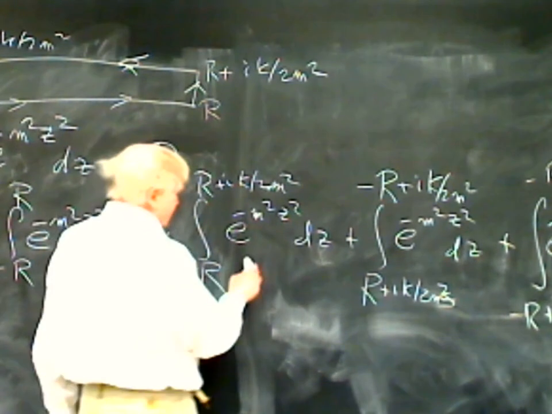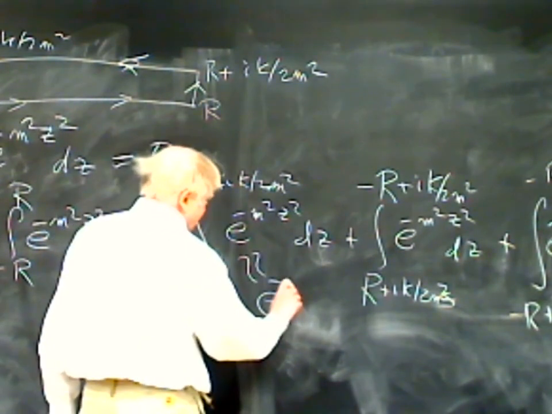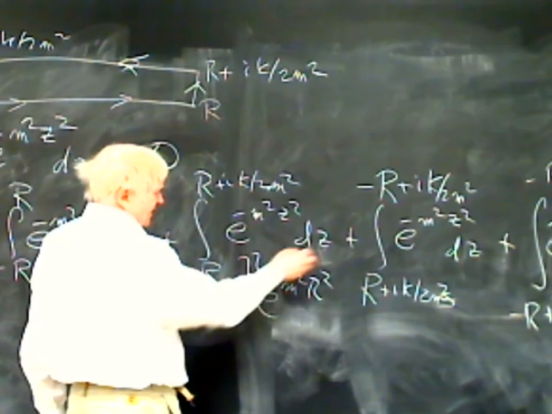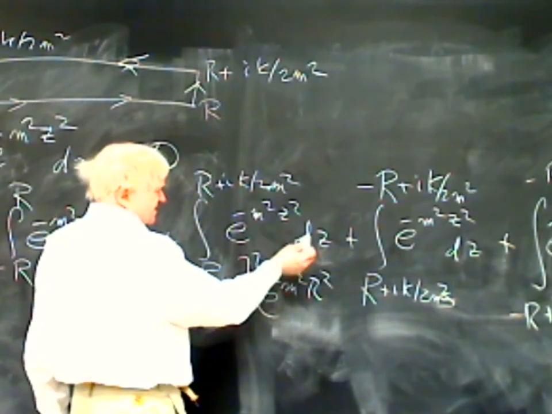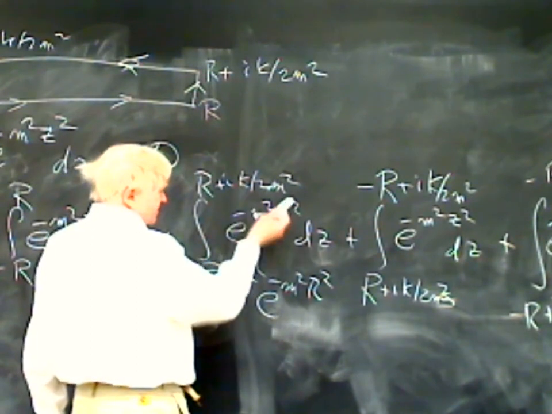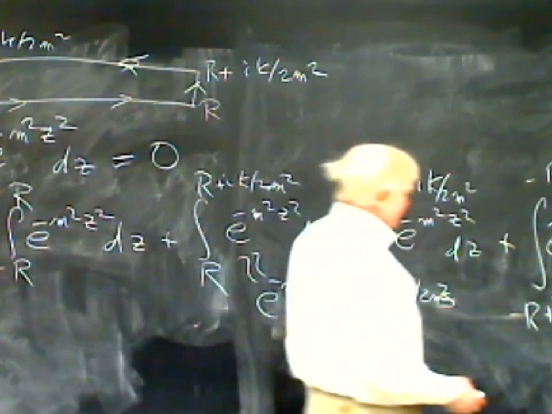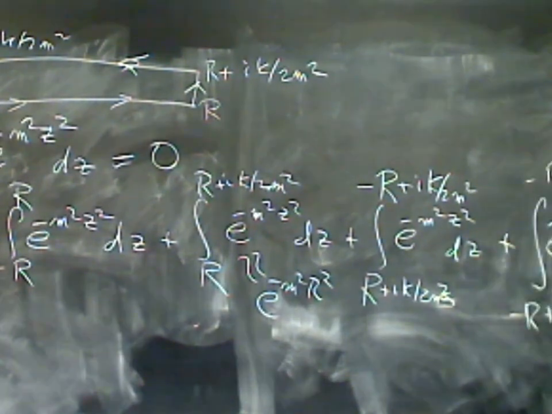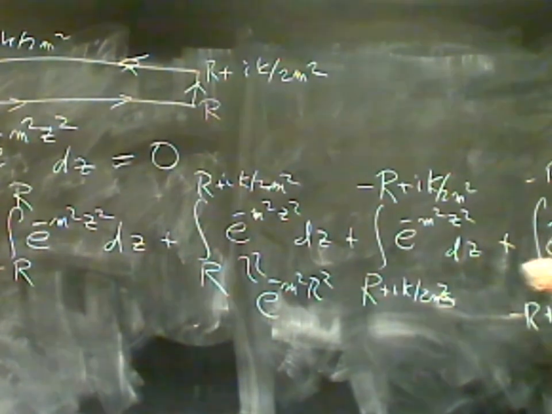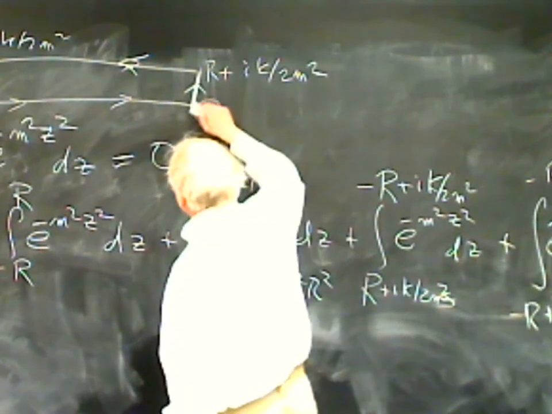So this is essentially e to the minus m squared r squared on this interval, and the interval is finite. It's just from 0 to k over 2m squared. Similarly, here, this is essentially e to the minus m squared r squared. So these two things are ghost contours. These things over here, these are ghost contours.